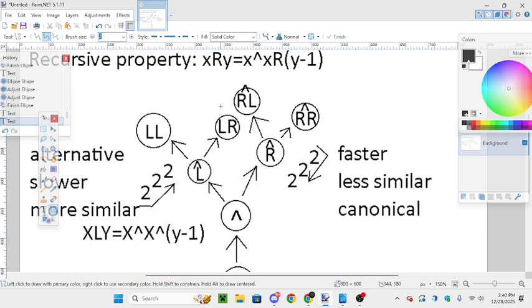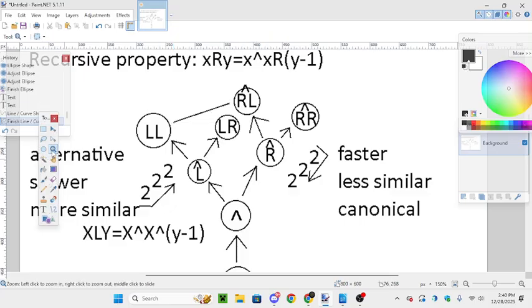But it turns out that for one number in particular, two of these operations are actually identical. And that is for double left pentation and right left pentation.